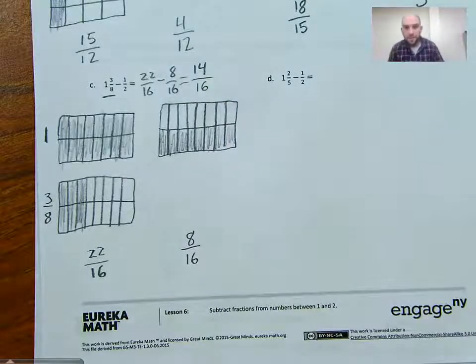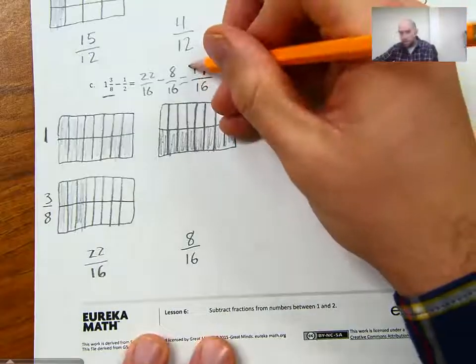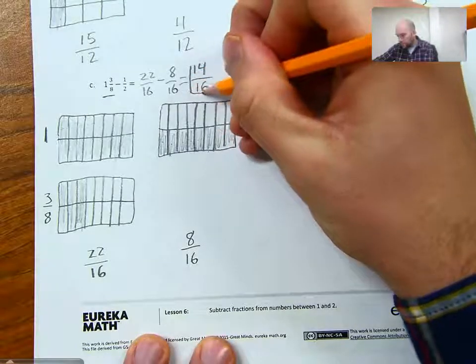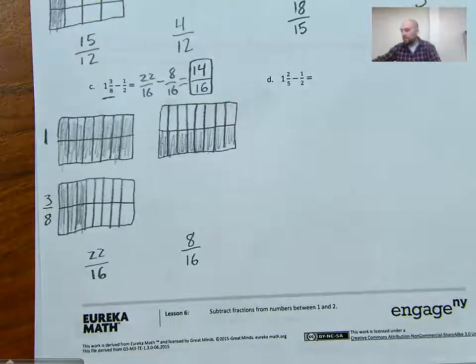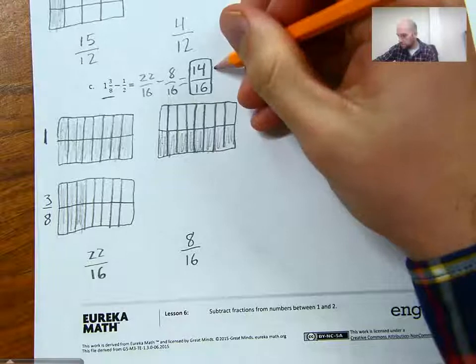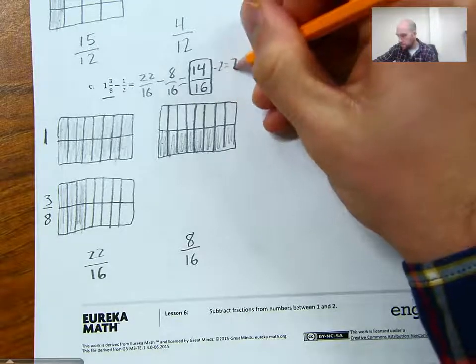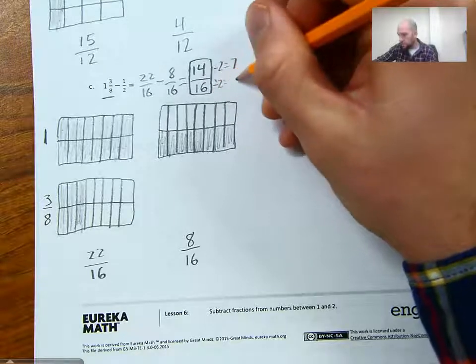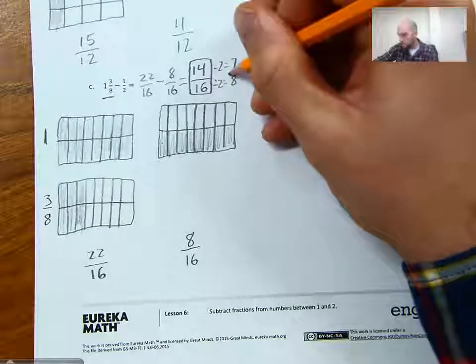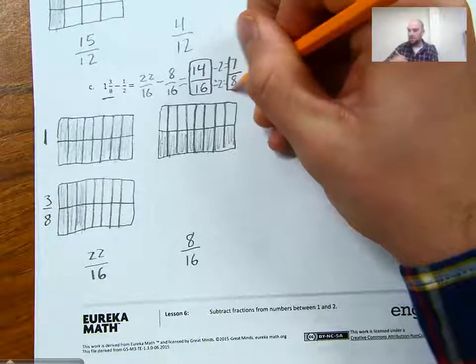Now 14 16ths, we could leave it like that, but we can also simplify 14 16ths. 14 divided by 2 is 7. 16 divided by 2 is 8. And we can simplify that to 7/8.